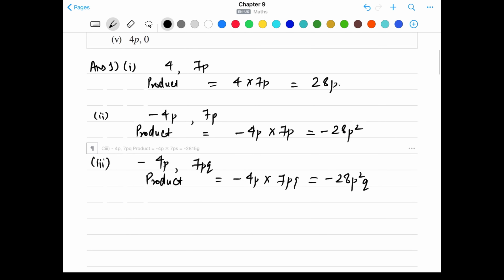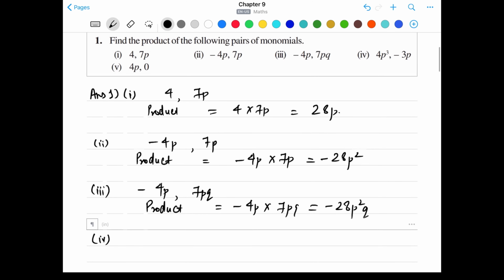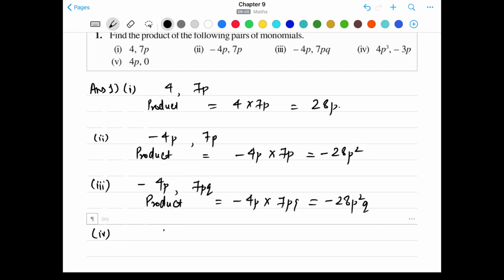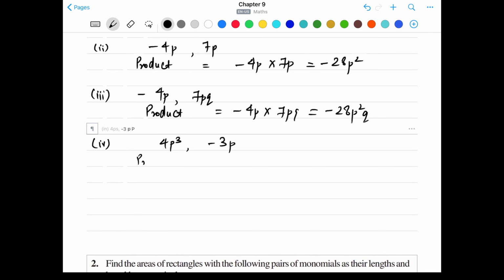Next one is part 4. Here we have 4p cube and minus 3p. The product for this one will be 4p cube into minus 3p. 4 into minus 3 is minus 12, p cube into p will result into p power 4.